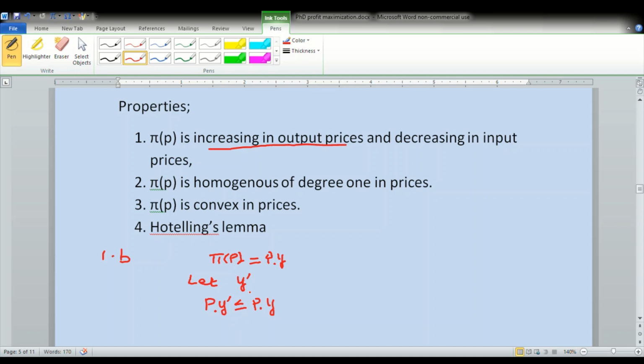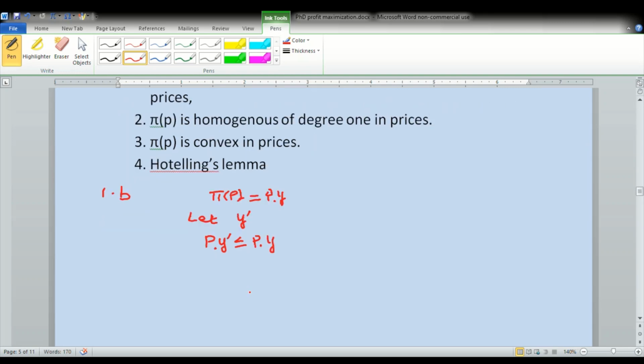But then y dash definitely is profit maximizing at some price vector. Let it be P dash. So y dash is profit maximizing at P dash, and this is what I have here.